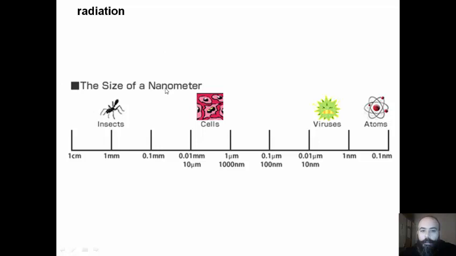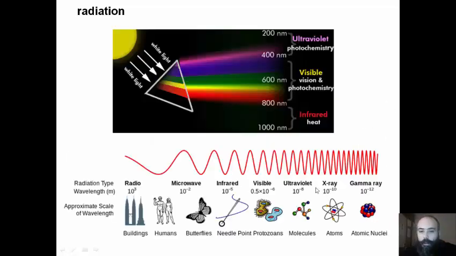Let's look at the nanometer scale. Here we have 1 centimeter, and at the insects level it's approximately 1 millimeter. The cells are 0.01 millimeter, or 10 micrometers to 1 micrometer. The viruses are 0.01 micrometer or 10 nanometers, and here there are atoms.